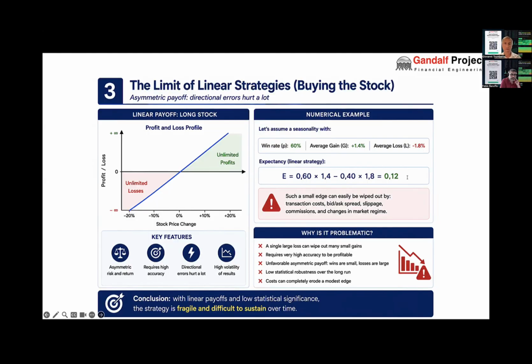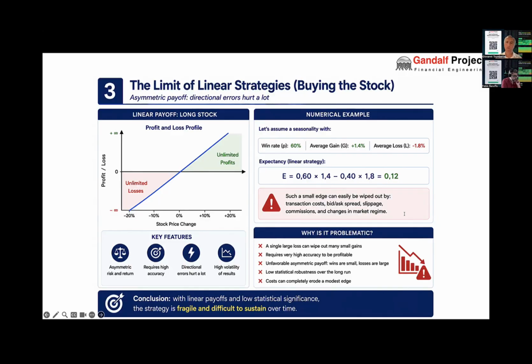So, for instance, in this example, we can assume a seasonality with a 60% win rate, average gain is plus 1.4%, average loss is 1.8%. Despite being right more often than wrong, the expected return remains very small. Okay, this is the problem we have in that case. So let's put this in the real world.